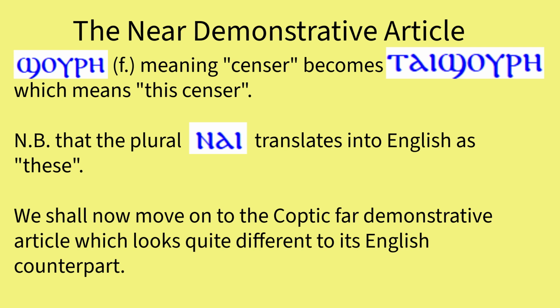So this becomes dai shura, which means this censer. Note well that the plural nai translates into English as these, and I know I've discussed that in the previous page, but it's just good to have that down. We shall now move on to the Coptic far demonstrative article, which looks quite different to its English counterpart.